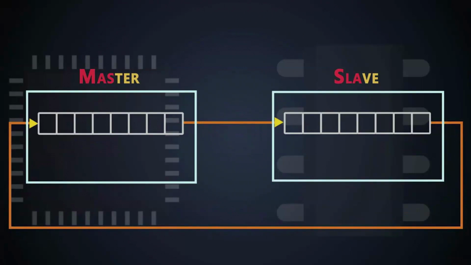The link which is connecting the master shift register to the input of the slave shift register is the MOSI line, and the link which is connecting the output of the slave shift register to the input of the master shift register is the MISO line.